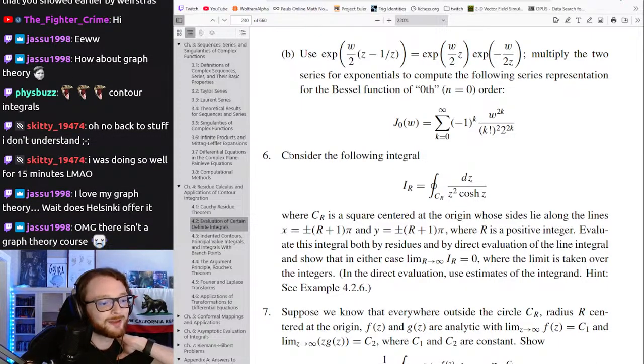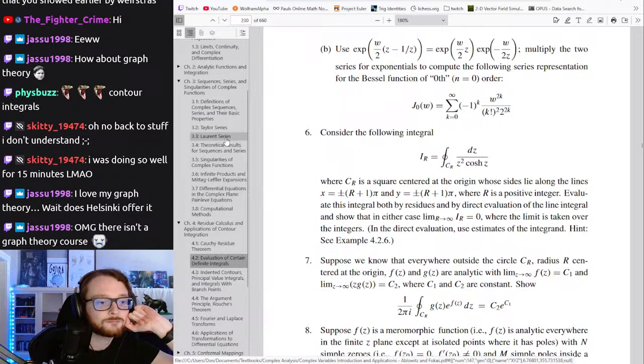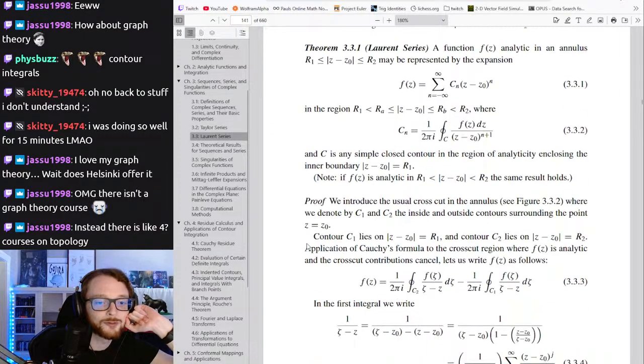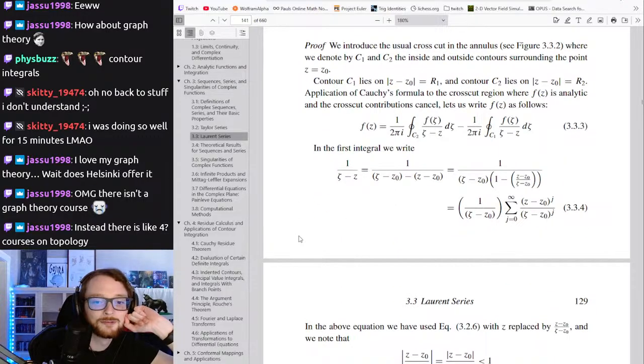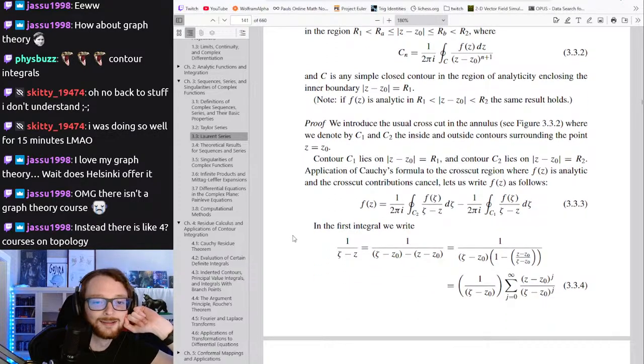Oh, there's no graph theory at the university you're going to? Aw. What? How do they not have a course on graph theory? That's kind of crazy. I wouldn't want to take it myself, but I feel like that should be offered by pretty much any math program, right? Four courses on topology? I don't want to take one course on topology. Well, I actually might want to take one course on topology, but not anytime soon.